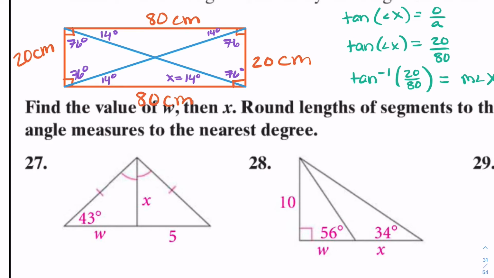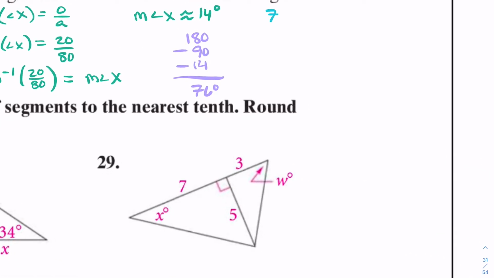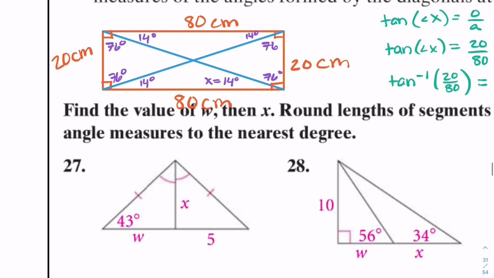Good, so I can either find this right here, 76 and 76, I can do some math. 180, take away 76, take away 76, that's 28 degrees. That one will be 28 degrees.